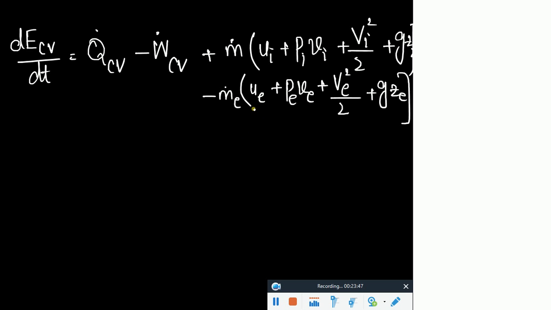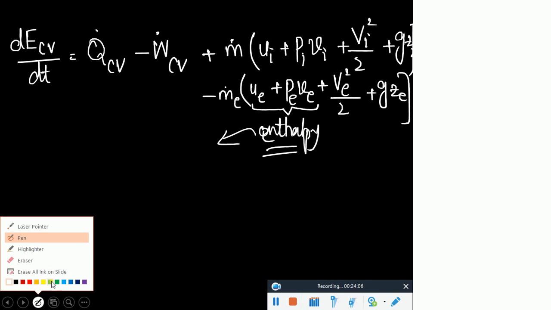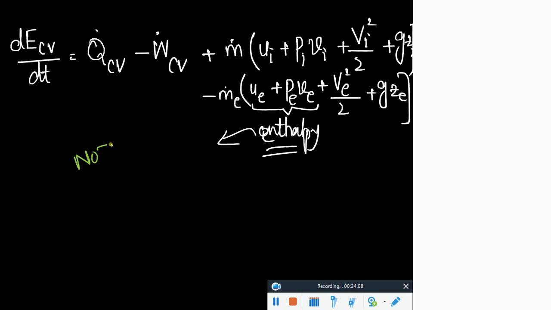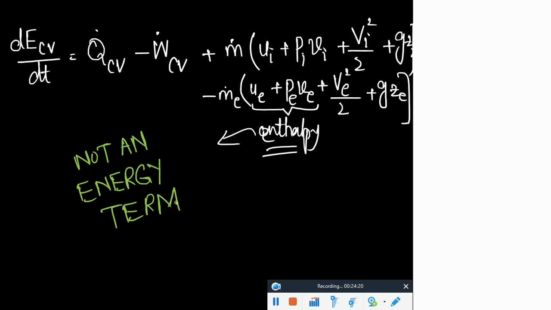Now see, do you remember this kind of combination which we talked about? This is something which is enthalpy. Remember, enthalpy is not any kind of energy. It is not an energy term.